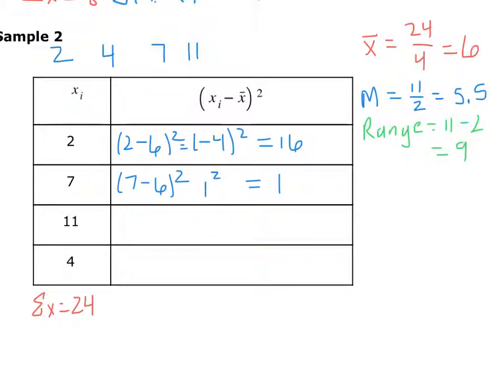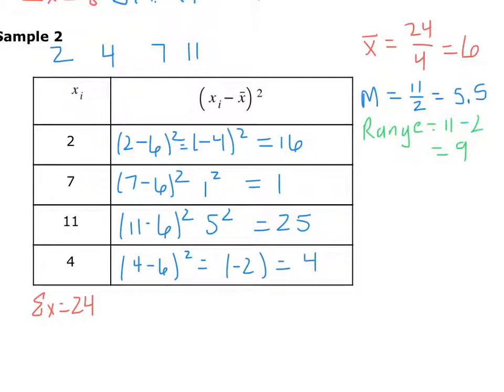We get 1. 11 minus 6 squared, so that's 5 squared, and you get 25. 4 minus 6 squared, negative 2 squared, so we get 4. And then adding that column up, we get 46.